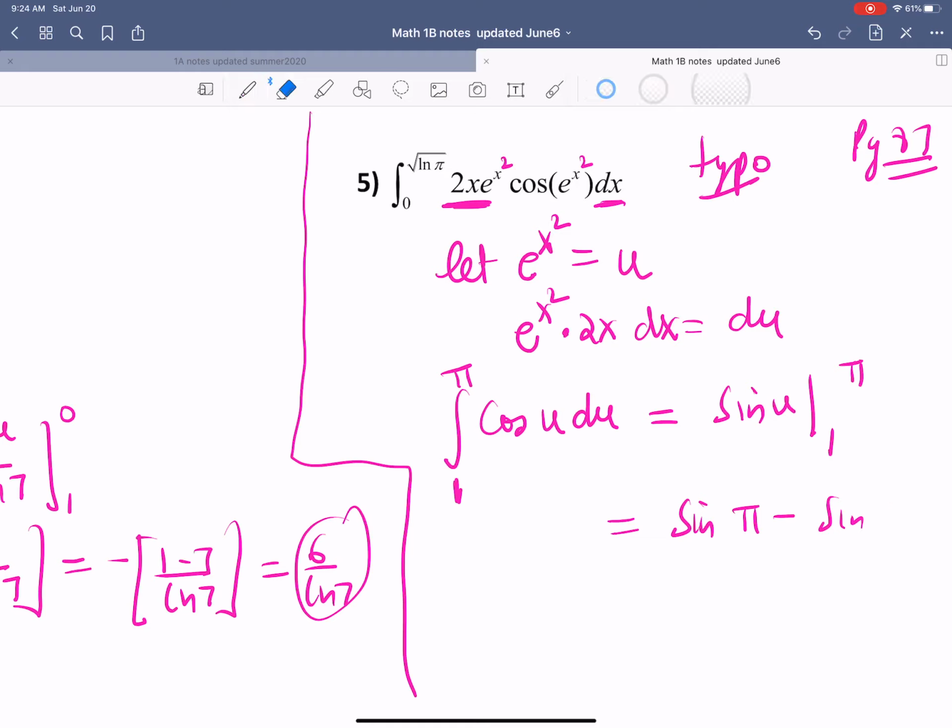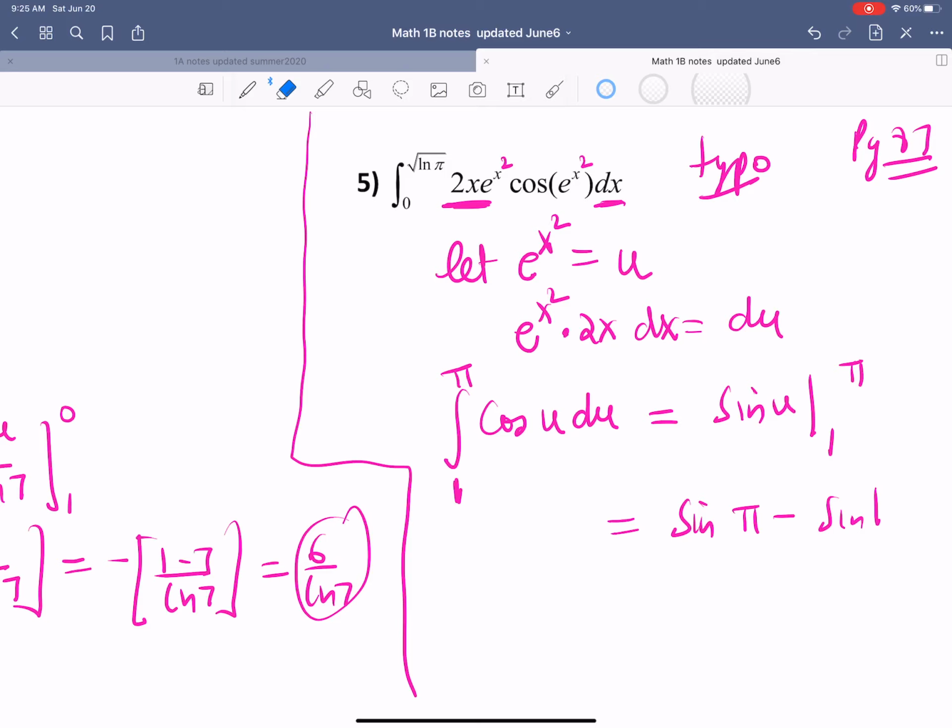Sine at 180 degrees is 0. I'm going to leave it in this form. You can simplify with the calculator and find the sine of 1.